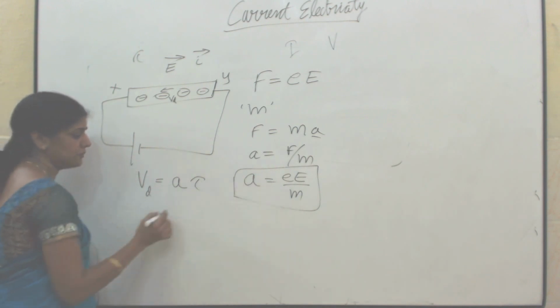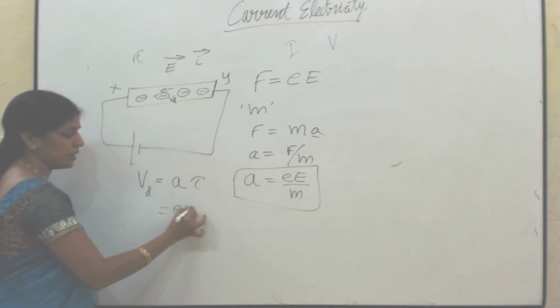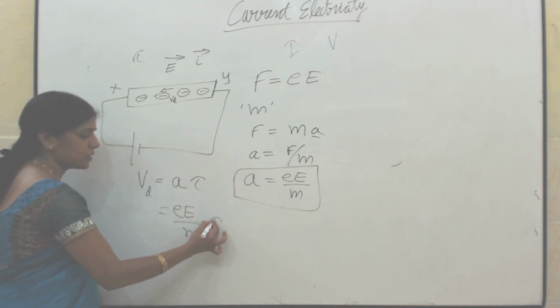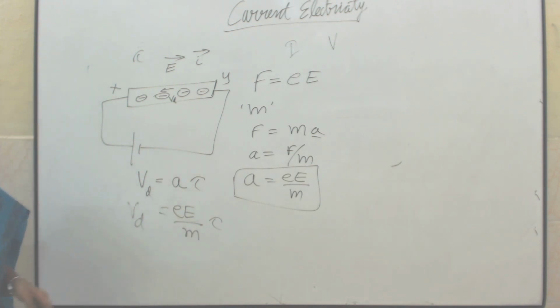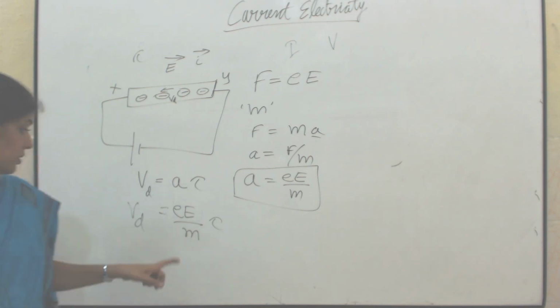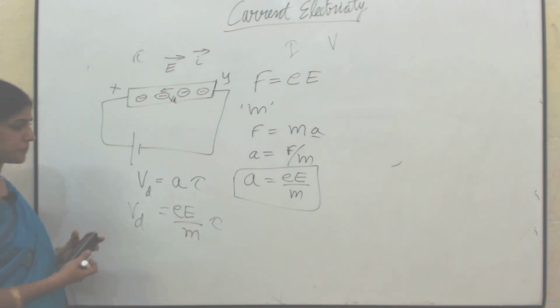What is a here? It is given by eE by m, into tau. So the drift velocity vd equals eE by m into tau.